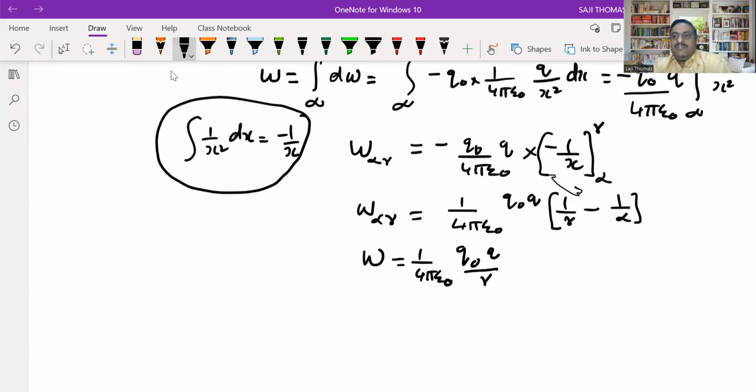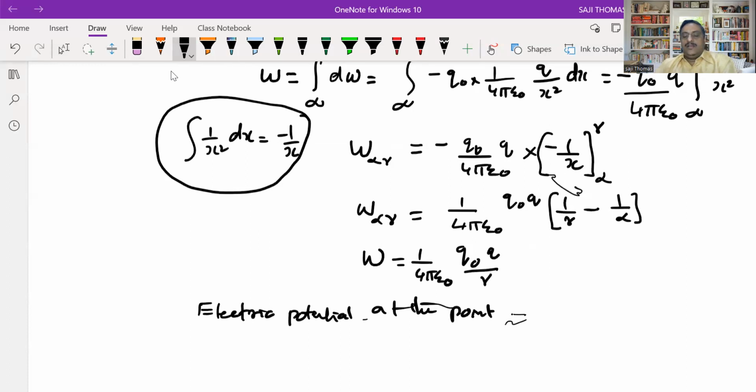Potential at the point is the work done per unit test charge. The equation you remember, V is W by Q0. So electric potential at that point, V equals W by Q0.